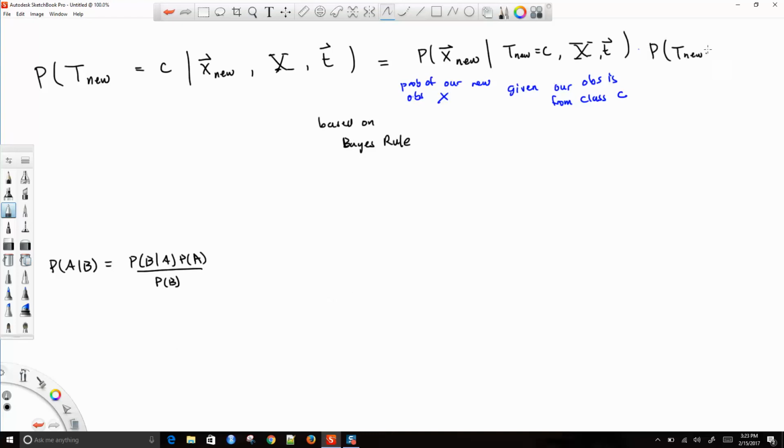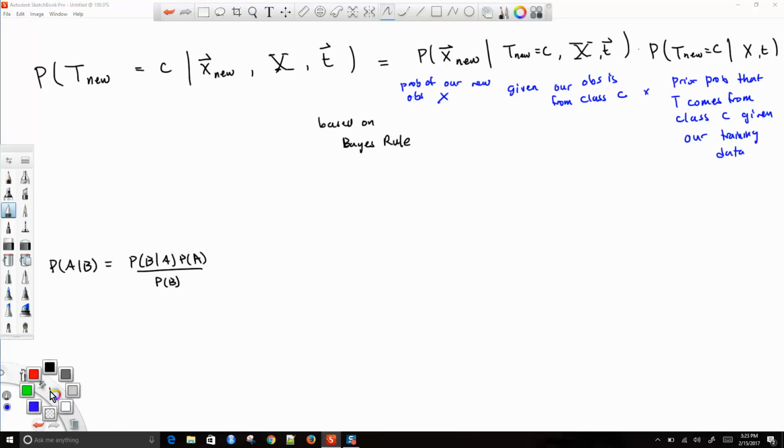that t comes from class C, our prior probability that t comes from class C based on the training data only. This is the prior probability that t comes from class C given our training data. Okay, and all of this looks ridiculous now.